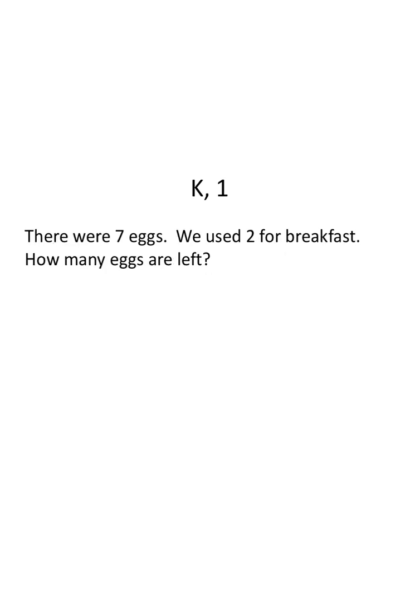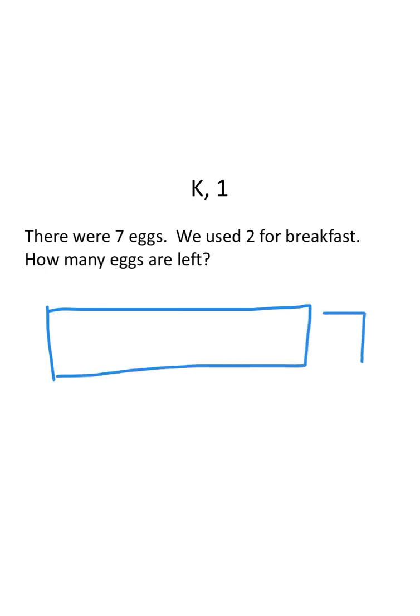Okay, there were 7 eggs. We used 2 for breakfast. How many eggs are left? So our total was 7. That's our total. We used 2, so part of this is going to be there, and I'm going to put diagonal lines to show that they are gone. So we have a question mark there.